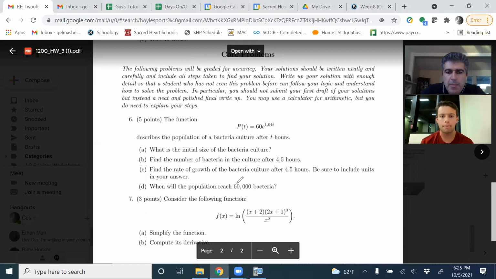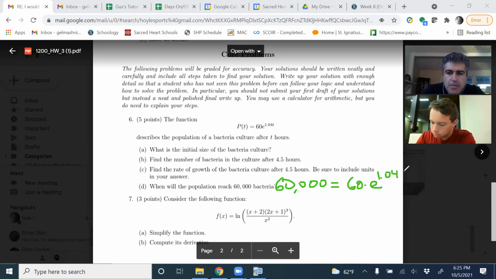So when the population was 60,000 bacteria, so you want Y to be 60,000. So that's what has to happen. You need those two things to equal each other. Okay.